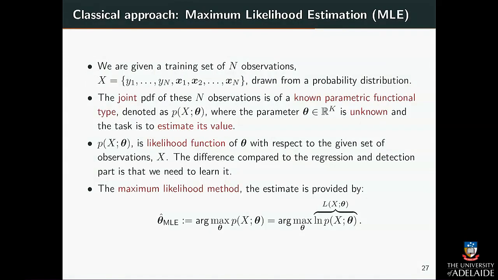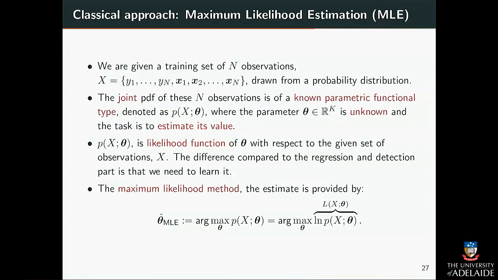So the first approach, the one that has classical flavor, is only using the likelihood or log likelihood function. It's equivalent. And in this case, the best fit of a parameter could be simply maximizing the likelihood function, right? So maximizing the probability of your set of observations, which are all your training data, given this particular parametric form.